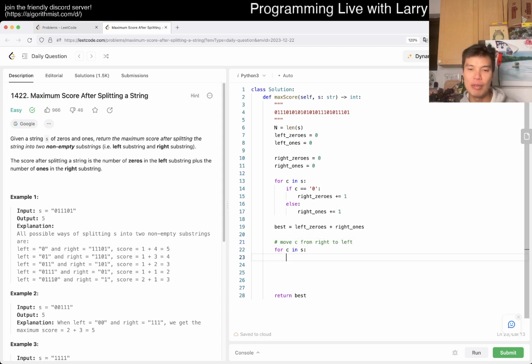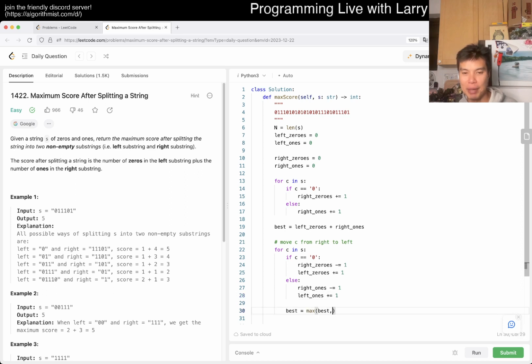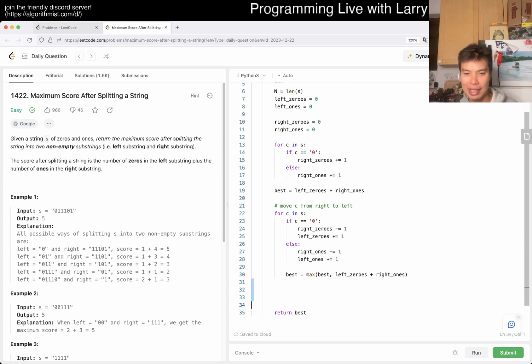If c is equal to 0, then right zeros we lose 1, and left zeros we increment by 1. Else, this is a 1 of course, so right ones we subtract, left ones we add, and then of course we take the best of either, the score again, and that's pretty much it.